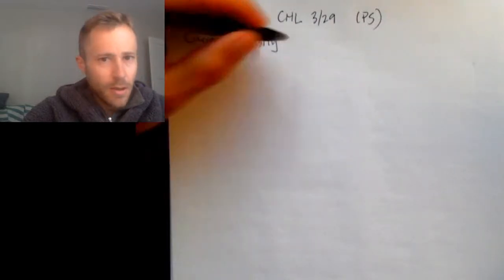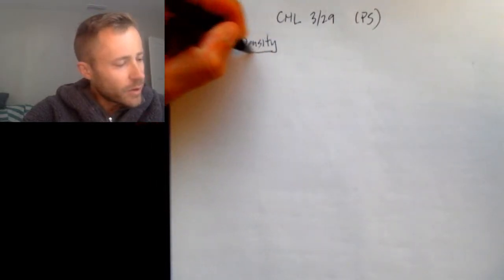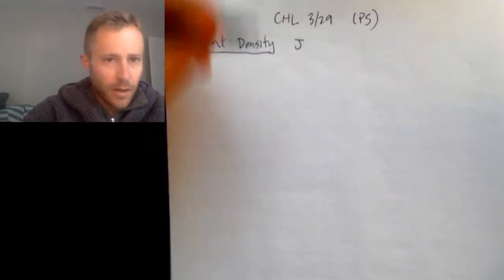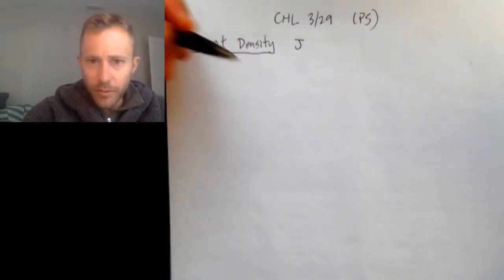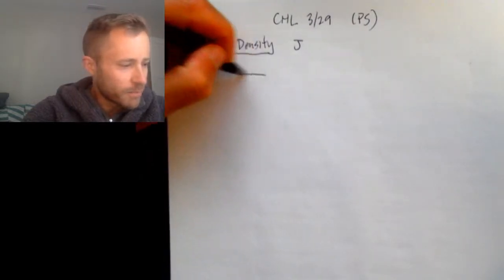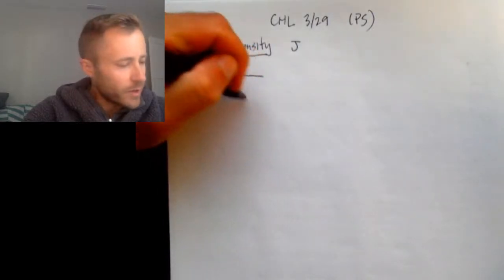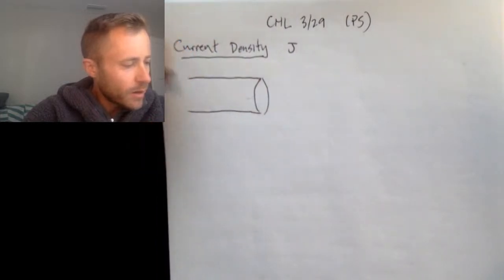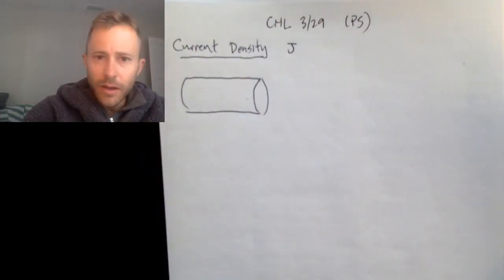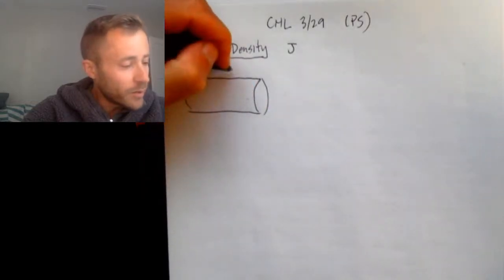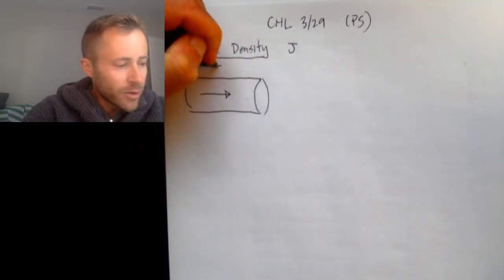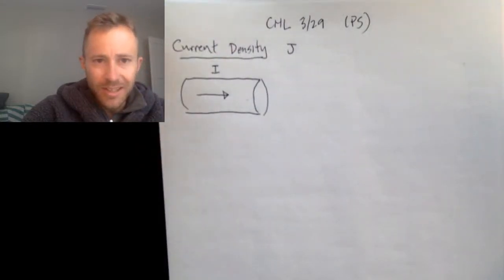Current density is denoted by J. If we think about a wire, for example, most wires have a circular cross section, and the wire has a total amount of current flowing down it. But that current might not be distributed evenly throughout the wire.